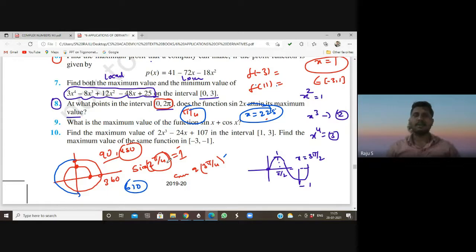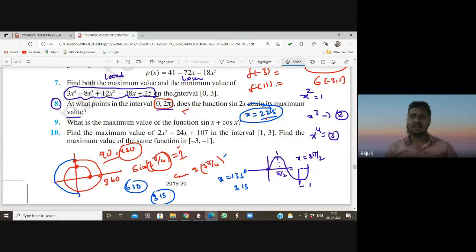So at 630, divided by 2, that is 315. So the minimum value is at x is equal to 135 and 315, and the maximum value is given by 45 and 225. This is generally okay.